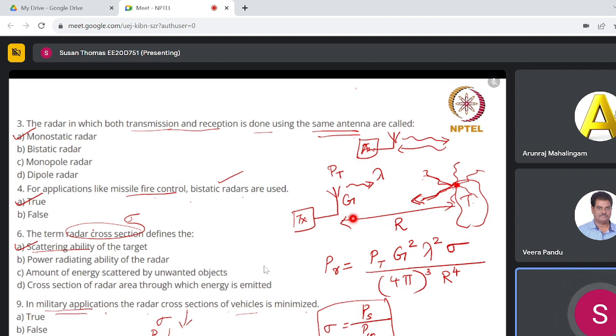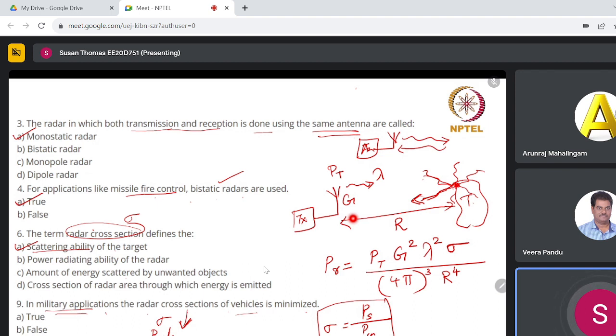When we talk about military application, if an aircraft is moving to another country, we want this aircraft to be undetected. We don't want it to be detected by others. So for that, it has to be undetectable. To make it undetectable, scattering should be reduced. That means sigma should be reduced.